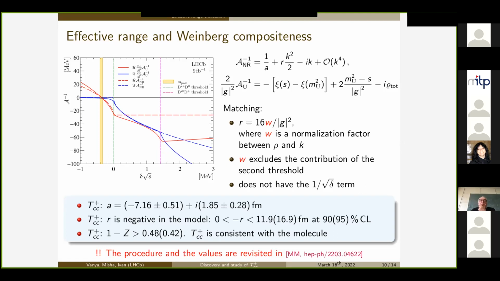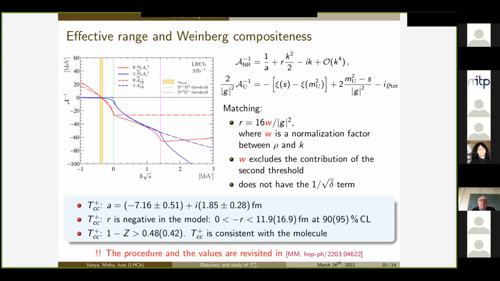Dai Lianrong, Jing Zhong, and myself wrote a recent paper in which we improve on the Weinberg condition in order to find out the compositeness. And Miguel Albaladejo and Juan Nieves have another even more recent paper in which they also offer an alternative. Both improve on the formulas given by Weinberg.